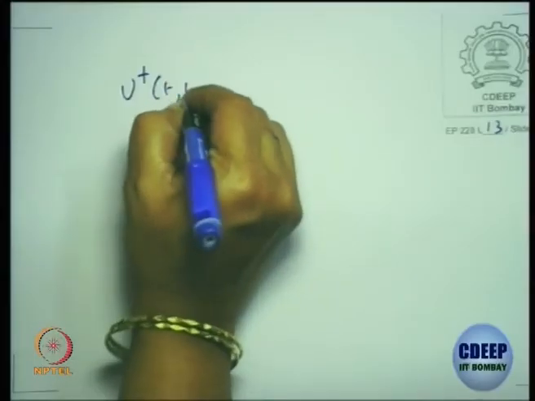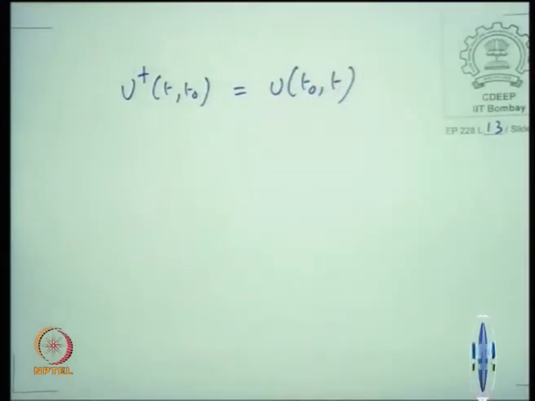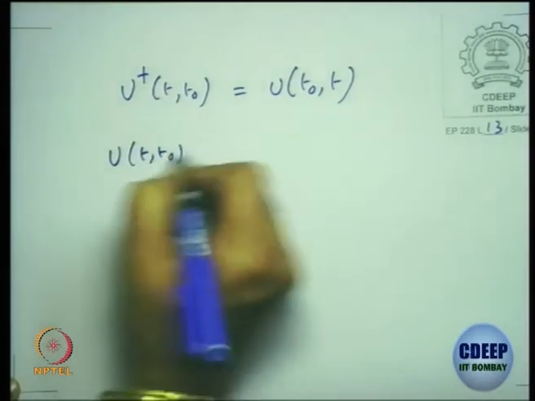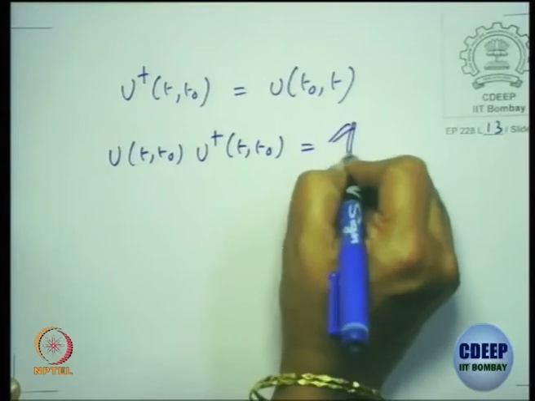This operator is supposed to be unitary, same as U of t0, t. All agree? This is one property, and you can also show U(t, t0) U dagger(t, t0) is identity.